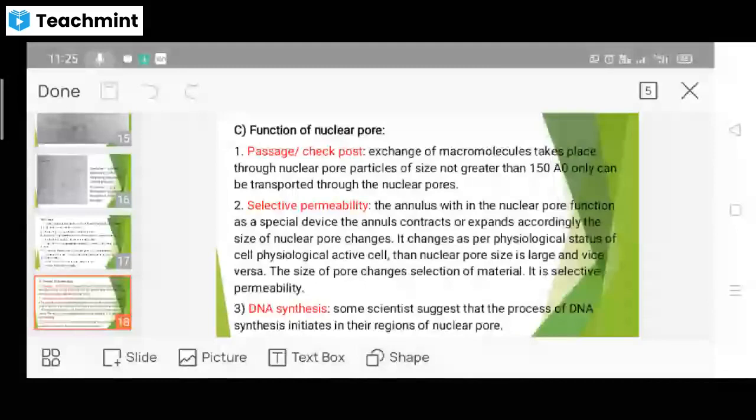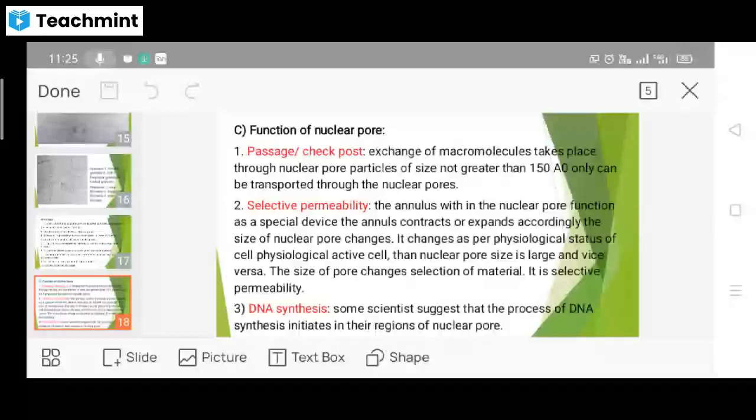Then the third function is the DNA synthesis. So some group of scientists suggested that the process of DNA synthesis initiates in the regions of the nuclear pore. तो जो nuclear pore है, it is the initial site of the DNA synthesis. So DNA synthesis means formation of the DNA.